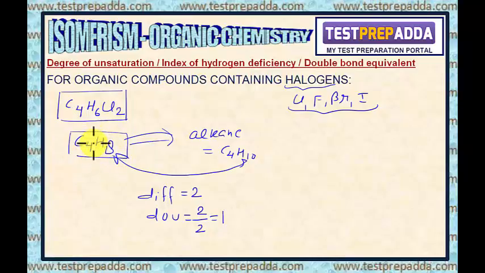Now corresponding to that, we will write the alkane formula. 4 carbons, so it will be C4H10, CnH2n plus 2. And what is the difference of hydrogen atoms? It is 2. So the degree of unsaturation will be 2 upon 2, that is 1. Point is clear? So this is about the degree of unsaturation of organic compounds containing halogens.